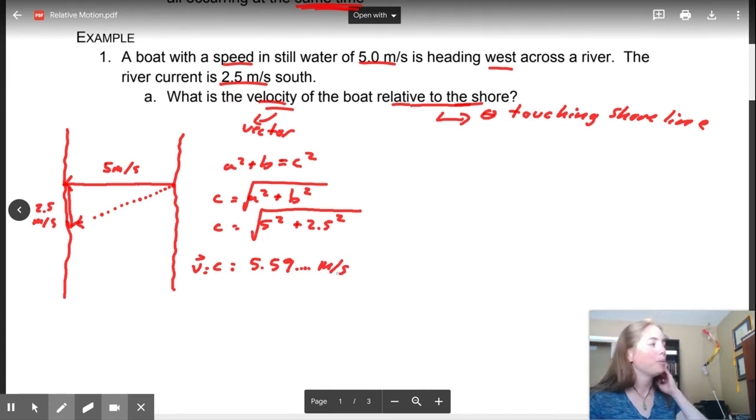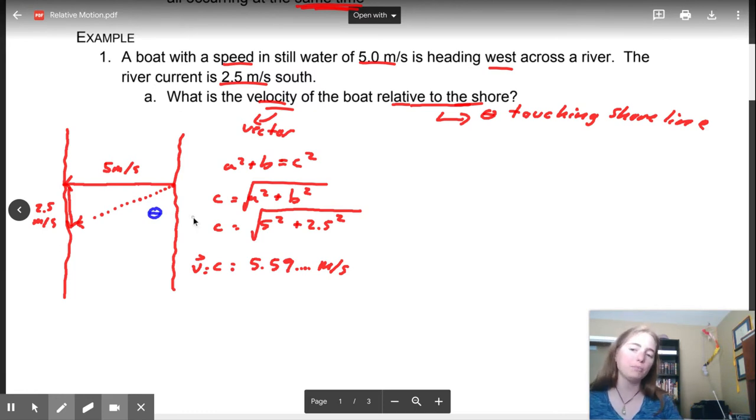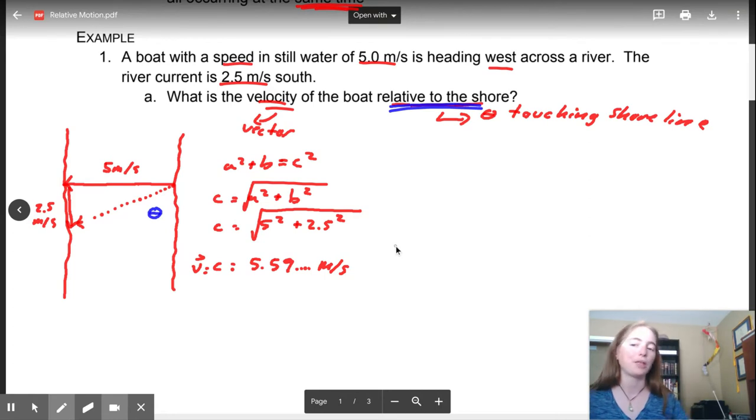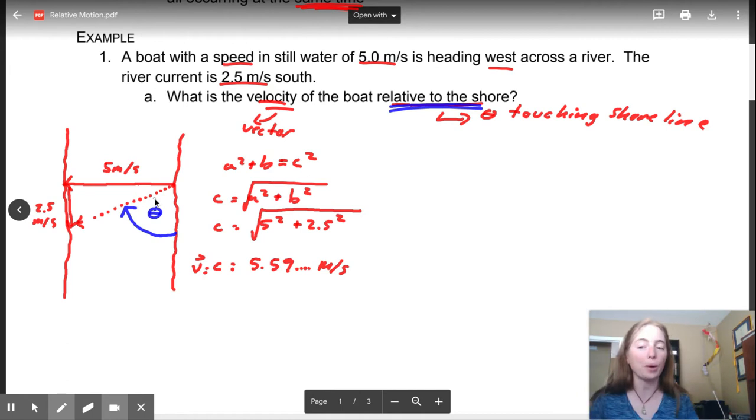Okay. Well, I said vector, ladies and gentlemen. So we have a couple of options because remember, the theta that I want is blue theta. I want blue theta because I said relative to the shore. That means this is your shore. So I want a theta that is going to start here and go that way.